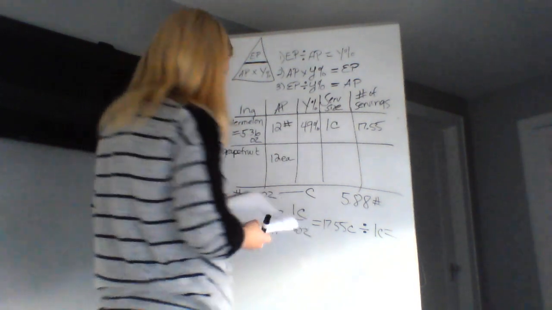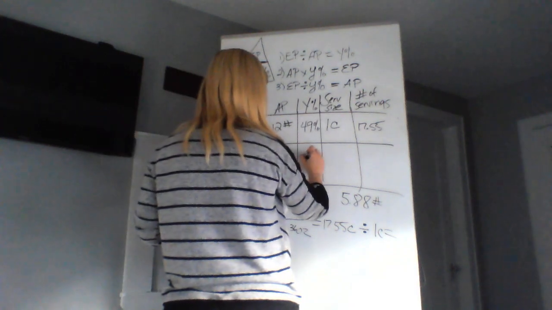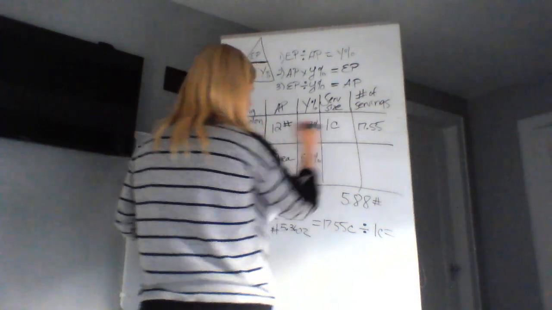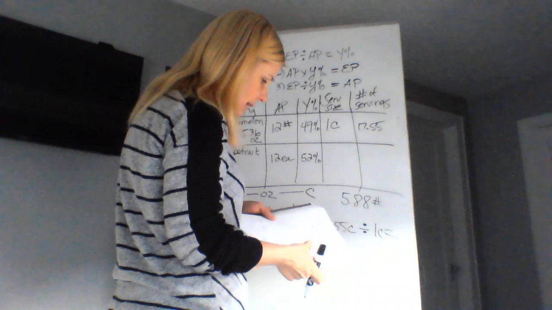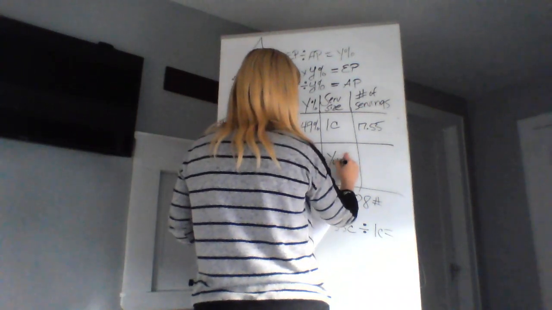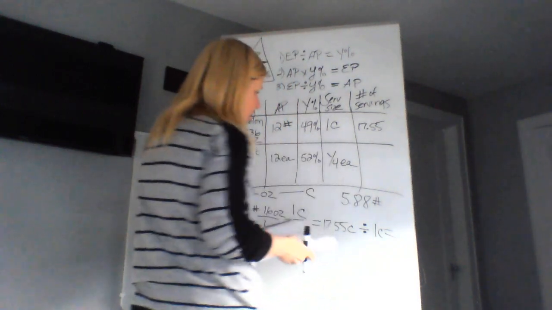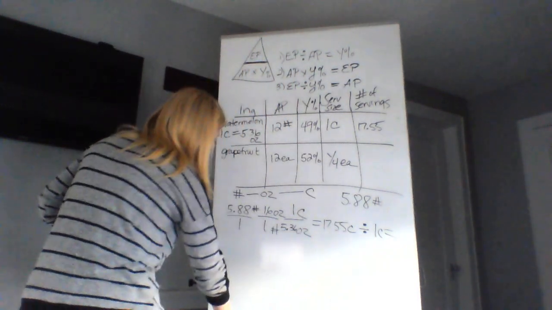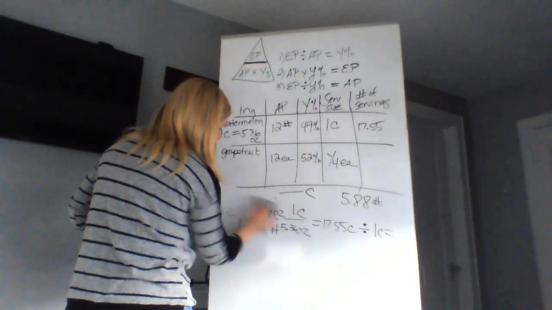And it tells us that the yield percent is 52, and it tells us that our serving size is 1/4 of an each. And now it wants to know how many servings will we be able to get.